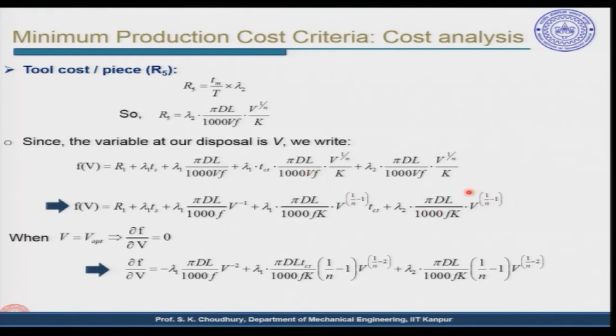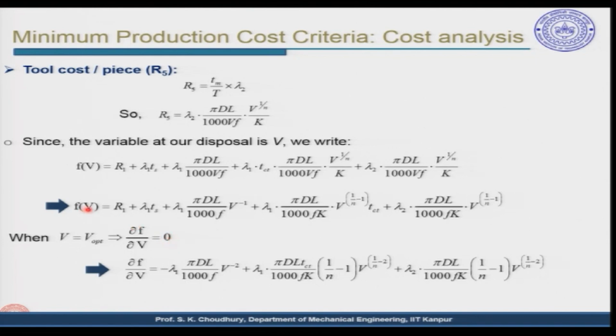Then V will be V optimum, that is the optimum cutting velocity. We will take the first derivative of this equation, the cost per piece, equal to 0.